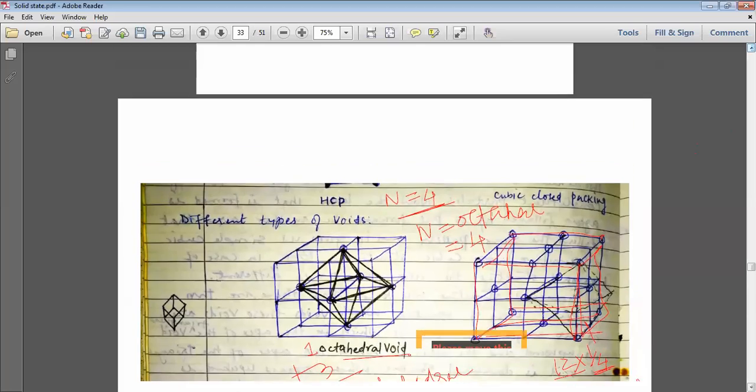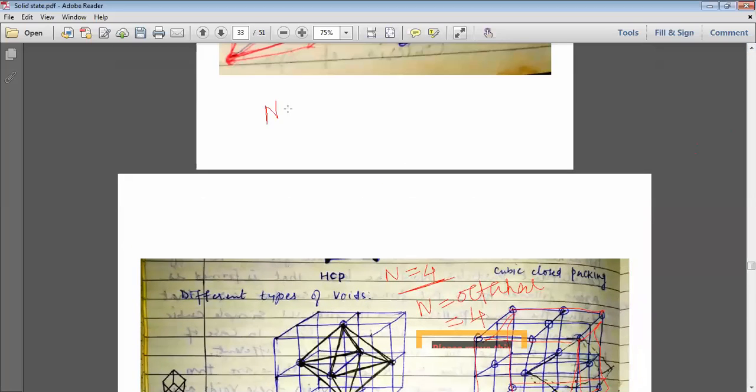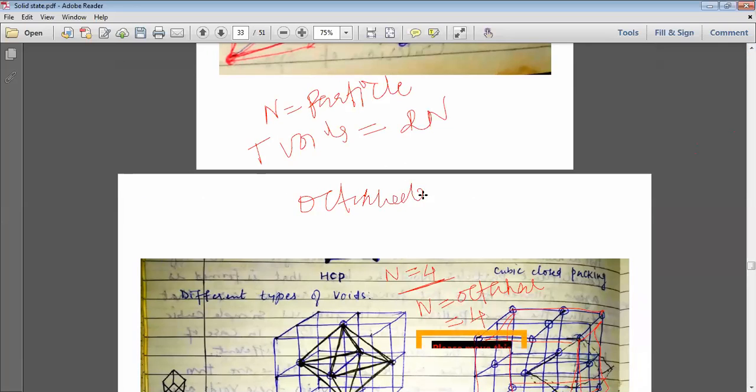And my dear students, we can say that if n is the number of particles arranged, then tetrahedral voids are equal to 2n and octahedral voids are equal to n. Now if n is equal to 4 in a face-centered unit cell, the number of tetrahedral voids is 2 multiplied by 4, that is 8, and the number of octahedral voids is equal to 4.